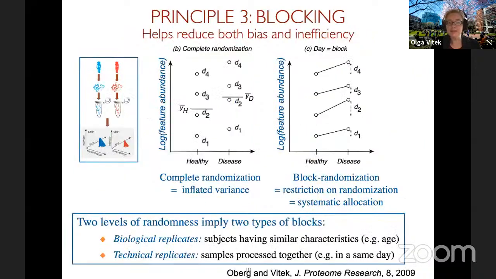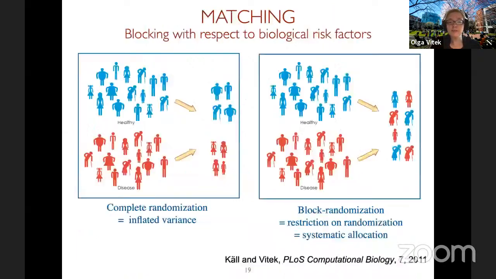And now I just want to clarify that even though my cartoon here looks at the pairs and looks at the differences of pairs in each day, of course, we can go with blocks larger than 2, and we can have multiple blocks, and models such as analysis of variance can be extended in similar ways to account for these fairly complex blocking structures. But again, we have to be careful and avoid overfitting.